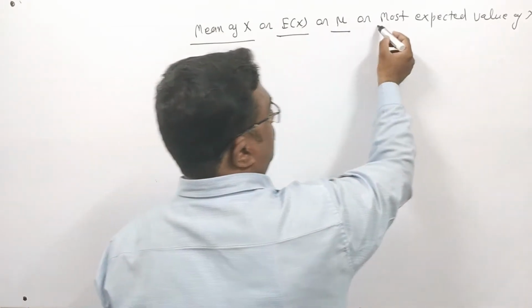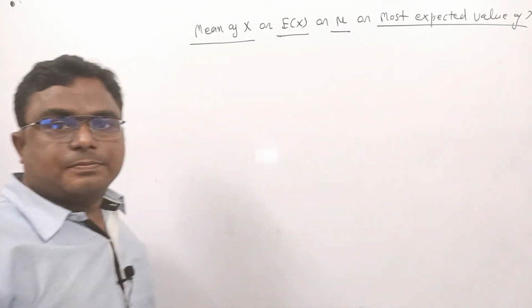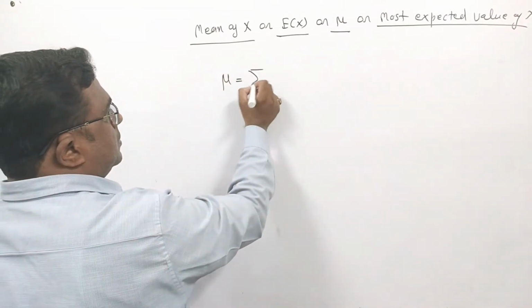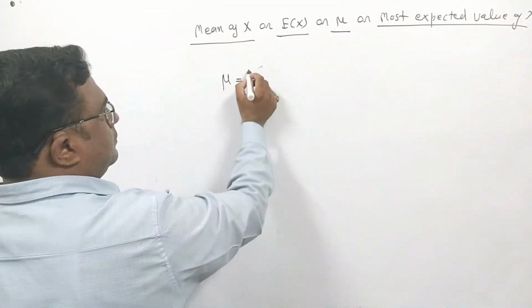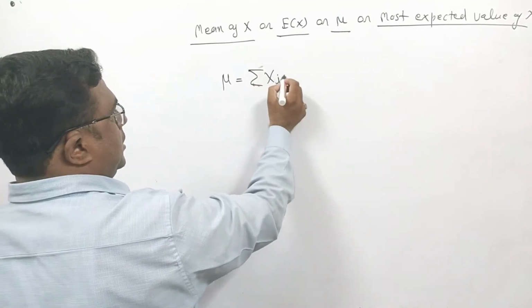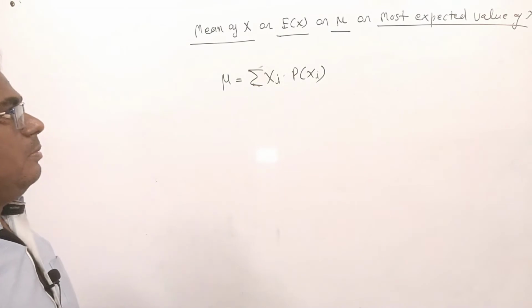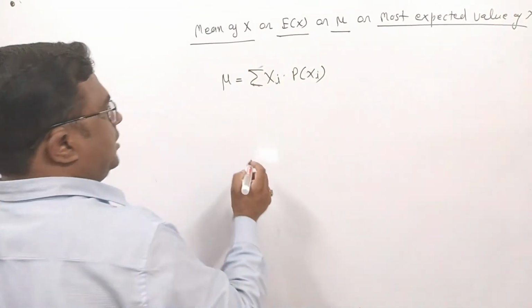Okay, what is the formula? Mu is equal to summation xi into pxi. By using this formula, you can obtain the mean of the random variable.